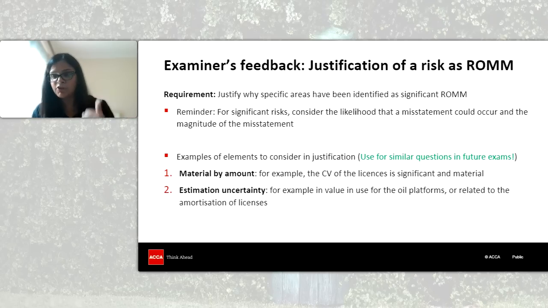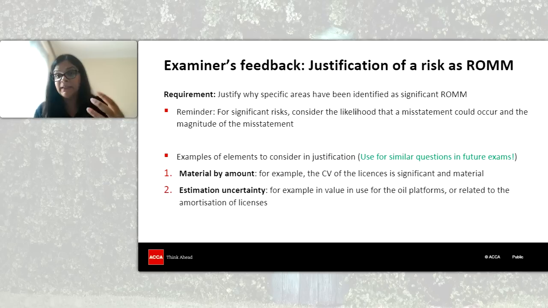So, of course, talk about whether this is material by amount. In this question in particular, one of the justifications of this being a material ROMM was because the carrying value was material by amount. Then, if there's any estimation uncertainty involved. Remember, in accounting estimates, there's always some element of uncertainty.